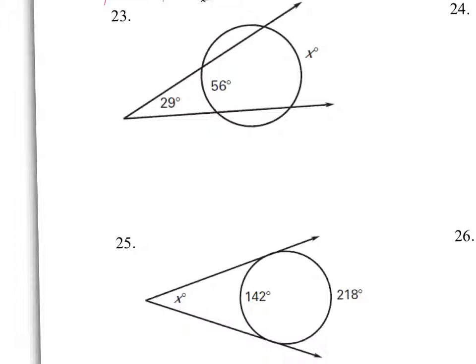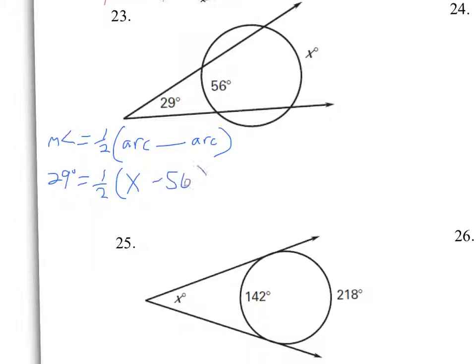So just to review, what we did above for number 21 is we said the measure of the angle equals 1/2 the outside arc minus the inside arc measure. All right? And so we can just fill that in. 29 degrees is our angle, equals 1/2. We don't know what the outside arc is, so that's why it's marked with an X, minus 56. Again, I would use the method of multiplying by 2 to get rid of that 1/2.